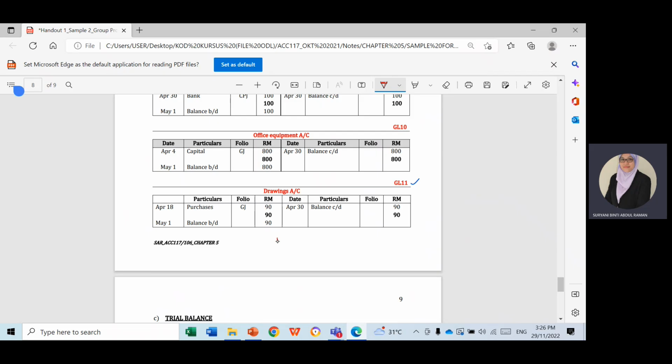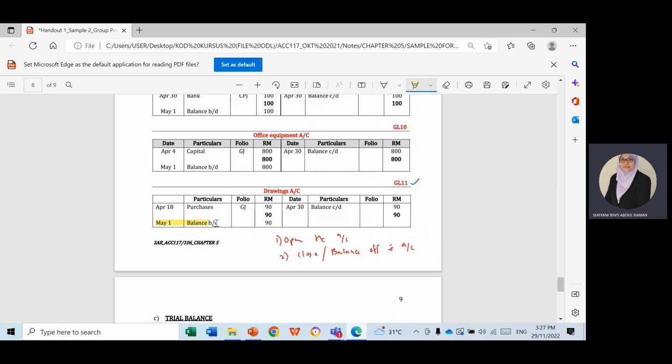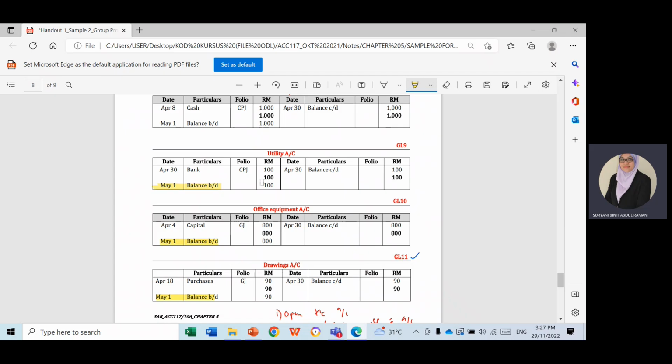After we have opened the accounts, two is we have to close or balance off the account. So how to balance off? You will find the closing balance by identifying the balance brought down. Here, for example, the drawing account has a balance brought down. You close office equipment, you have a balance brought down on the debit side.